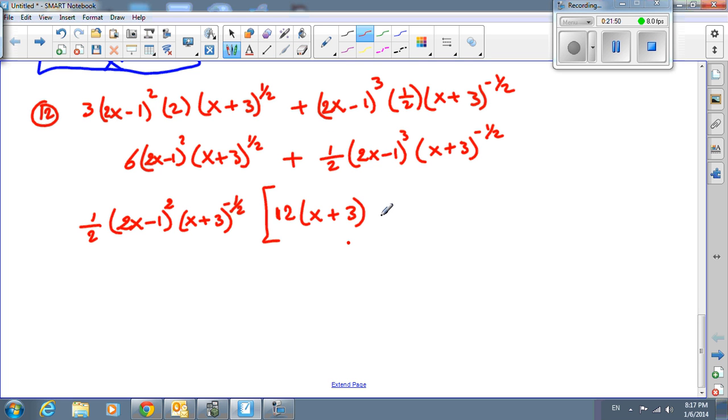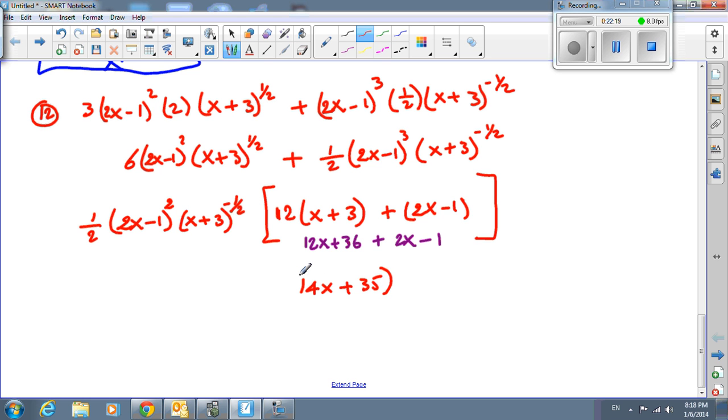Alright, if I continue, I will have a plus here, and everything has been taken here. I will be left with 2x minus 1. I will start with this bracket. If I distribute here, I will have 12x plus 36 plus 2x minus 1. This actually will simplify, and it will give me 14x plus 35 in this parenthesis, and this whole thing will transfer back down.